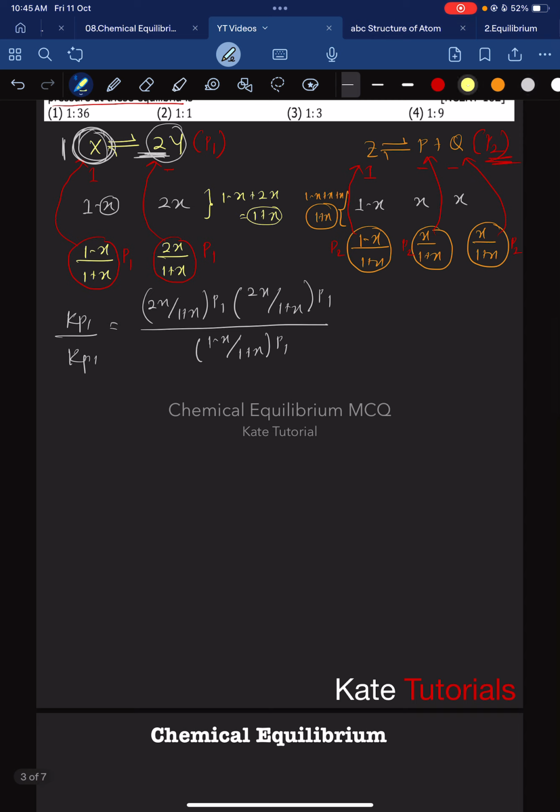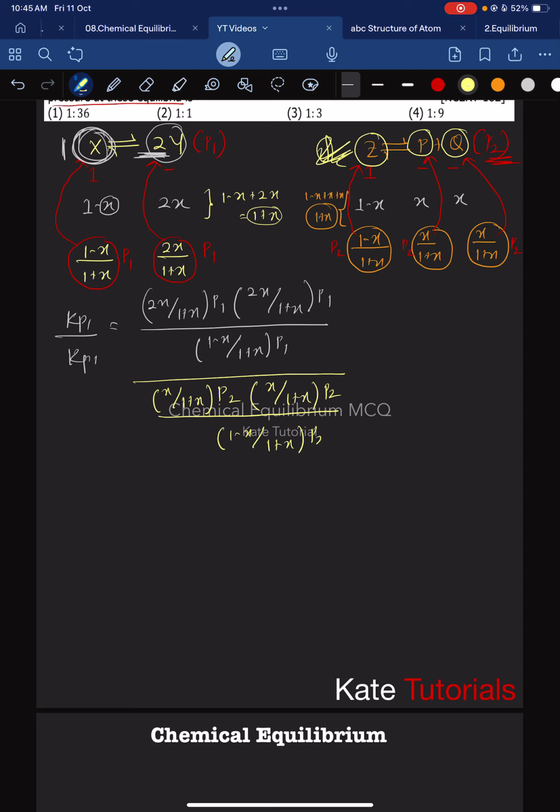Similarly I should write Kp2. So Kp2 will come down here. It is the partial pressure of P into the partial pressure of Q divided by the partial pressure of Z. So the partial pressure of P is x divided by 1 plus x into P2, and again x divided by 1 plus x into P2, whole divided by 1 minus x divided by 1 plus x into P2.